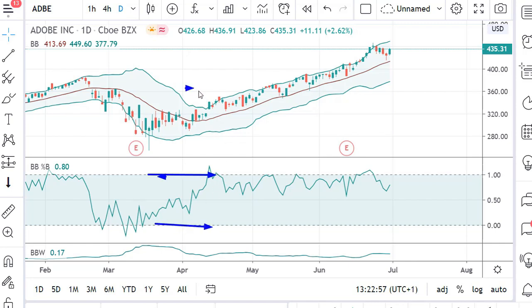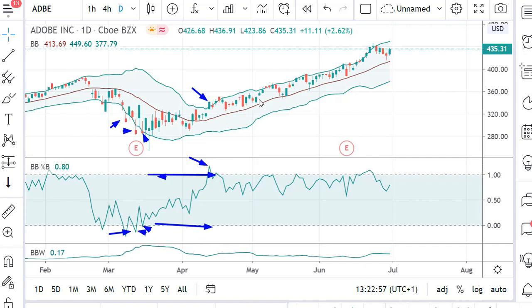The second that this daily candle closes above the upper Bollinger Band, you can see that we spike up above 1. So 1 is the upper Bollinger Band, 0 is the lower Bollinger Band. You can see here and here and here where we close below the lower Bollinger Band, we actually get some indications down here that we are below 0.